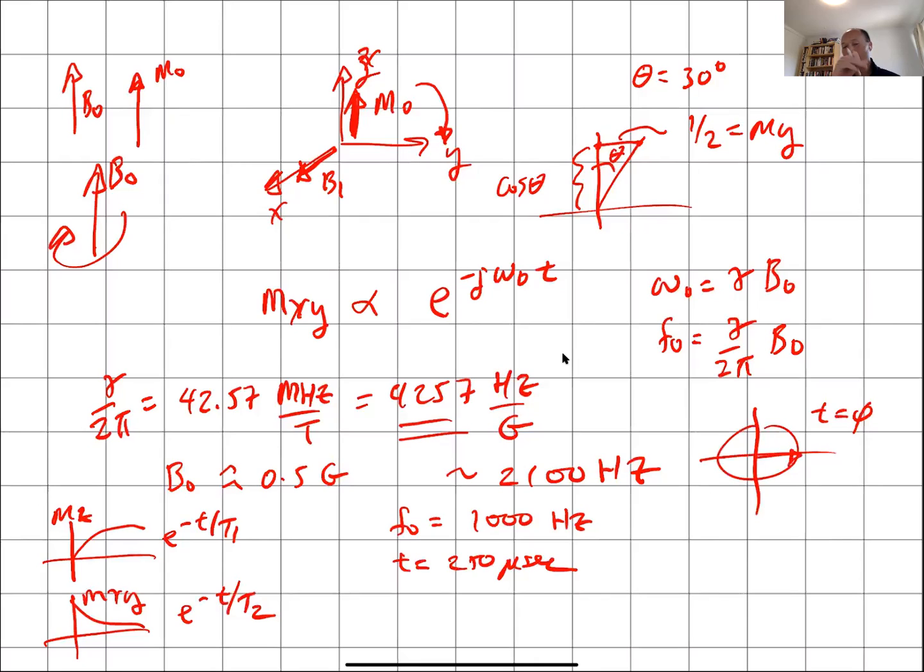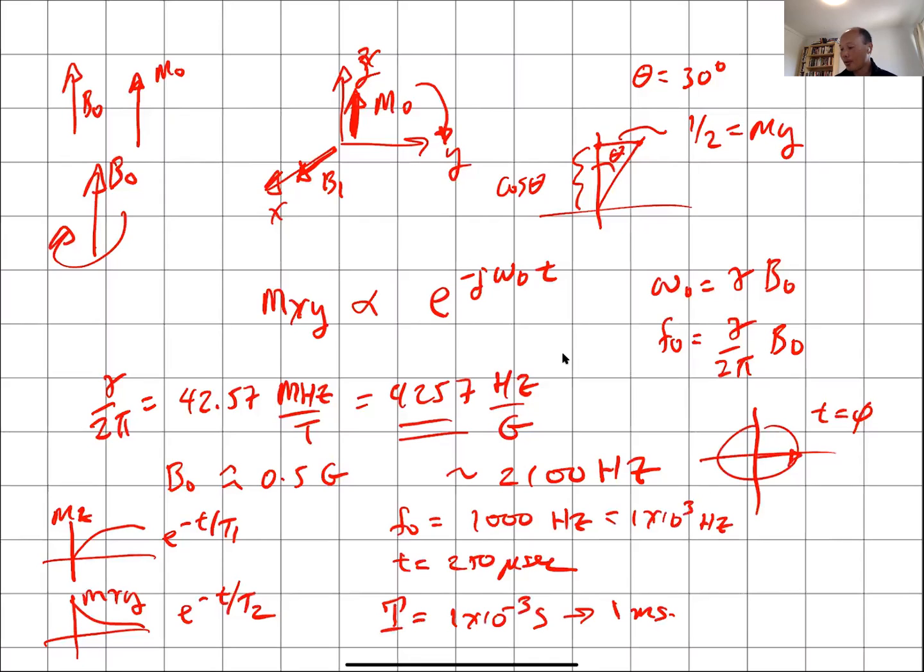So one thing is, for 1000 hertz, that means it takes 1 over 1000 hertz to get one cycle, right? So this is equal to 1 times 10 to the 3 hertz, which means 1 period is equal to 1 times 10 to the minus 3 seconds, or 1 millisecond.